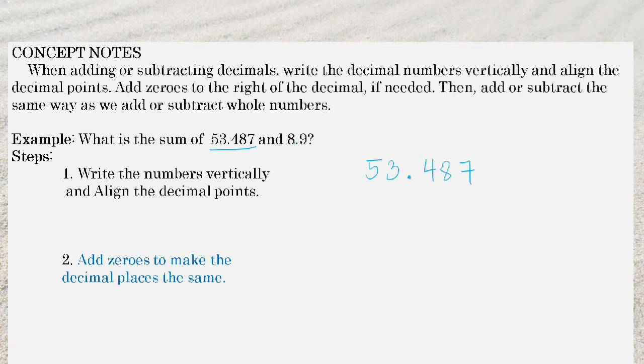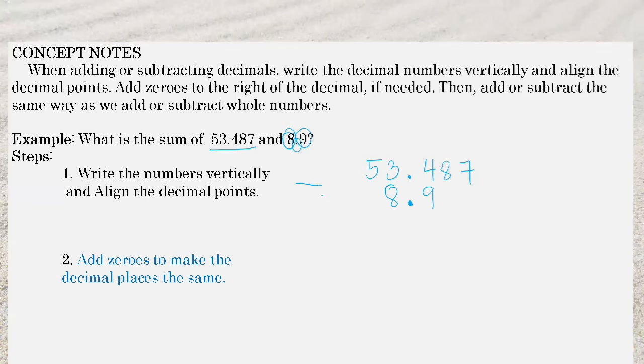Since the decimal point ay eto po sa ating 8.9, then the decimal point must be here. And our ones digit, which is 8, dapat naka-align sa ones. Next is yung ating tenths place value or the digit 9, dapat naka-align sa tenths place value. So now, we have aligned the numbers vertically and we have aligned the decimal points.